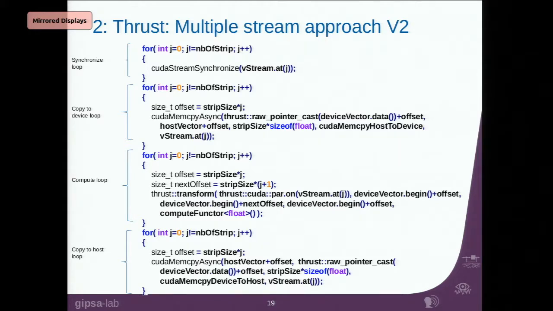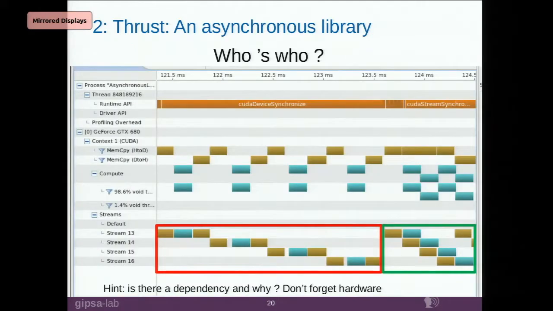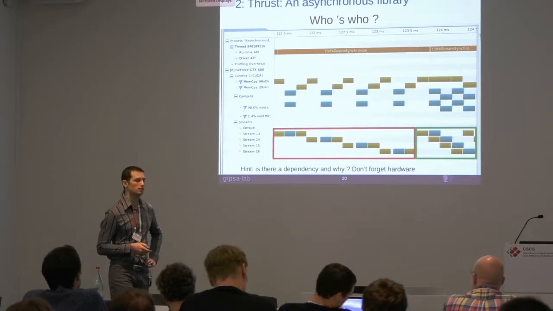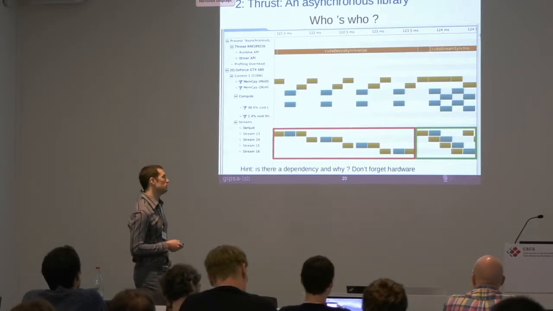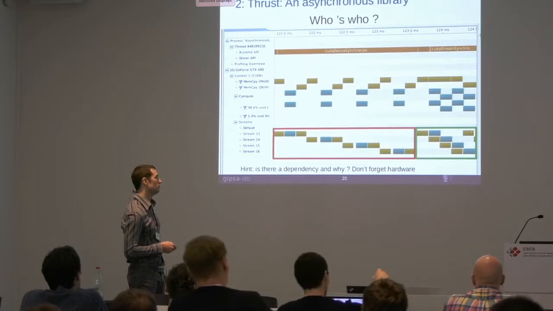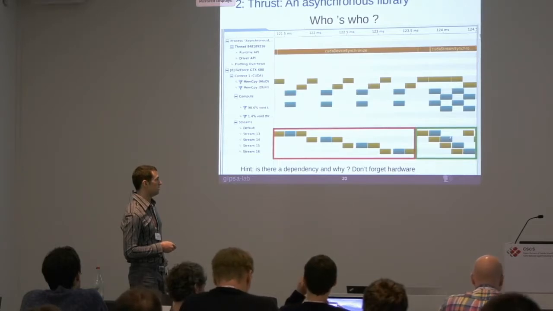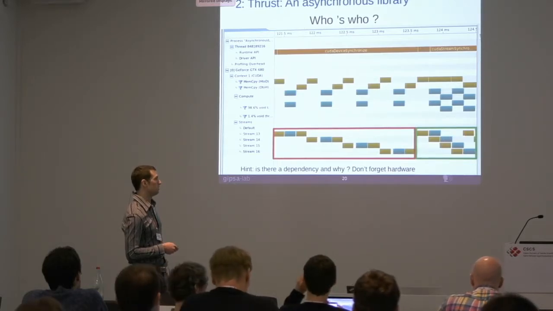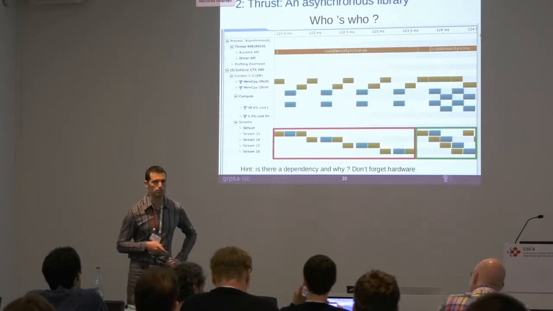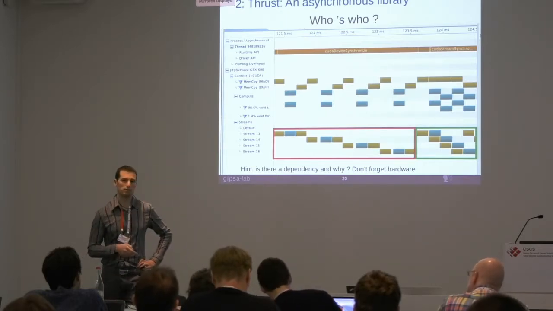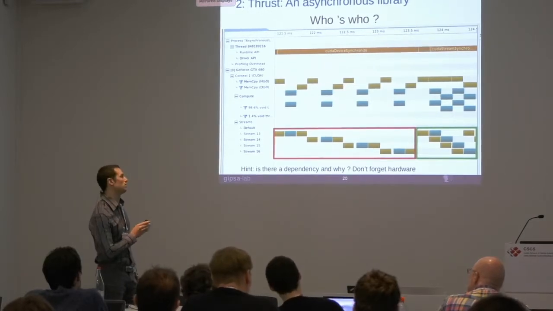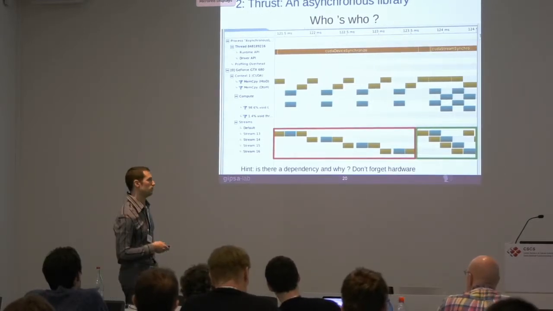So anyway, here you have to think about the copy engine. And here, all copies from host to device have been launched in the right order. But as you have only one copy engine, you won't be able to perform a copy from device to host in the meantime as a copy from host to device. So this is why here you're still losing time. But when you use a Tesla card and you have a double copy engine, you don't have to care about that. But I'm telling that for people that use GeForce series cards.